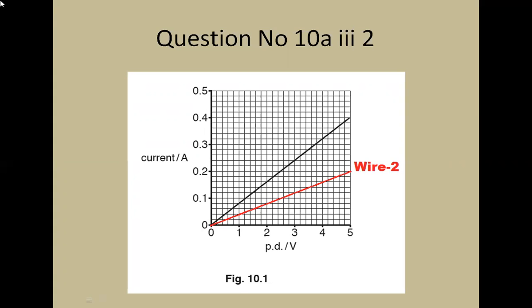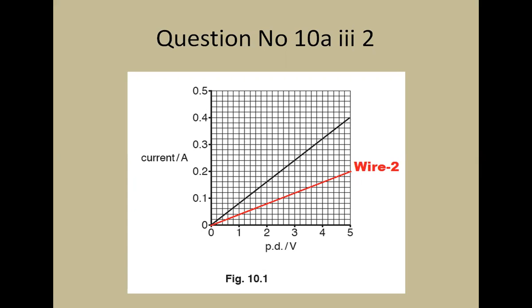For example, for the first wire, the original wire, at 5 potential drop its current was 0.4. So at 5 potential drop, the new wire's current will be 0.2.